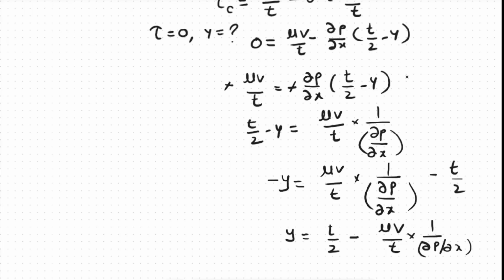So see once again, friends, the tau value is equal to 0. So mu V by t minus delta p by delta x into t by 2 minus y.